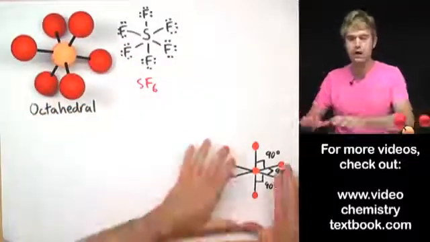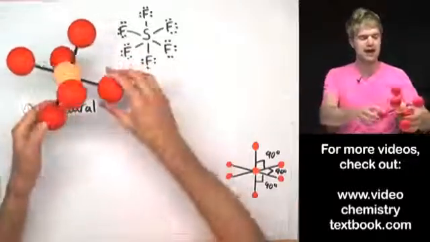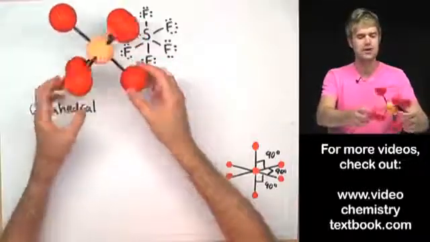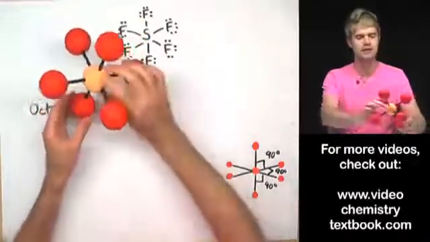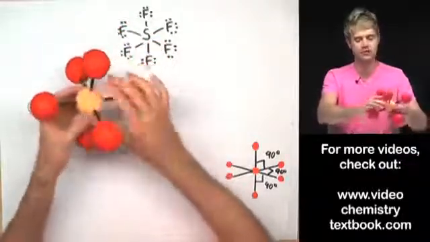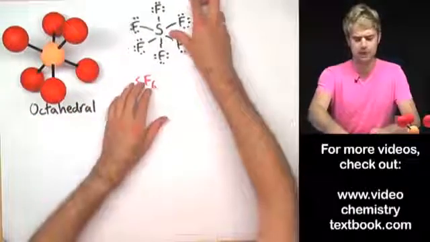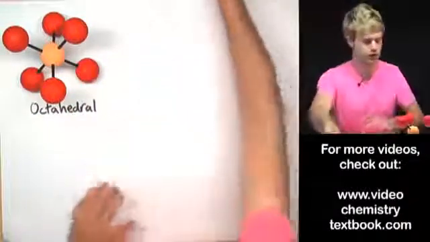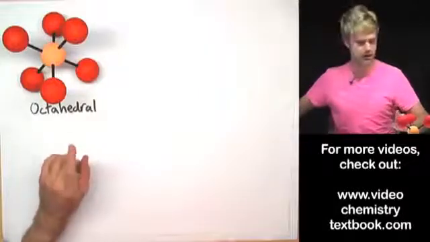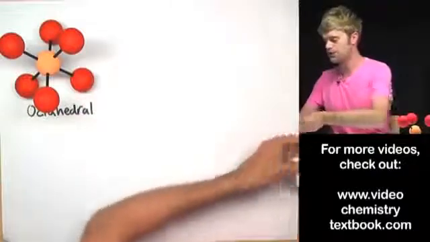So all the bonds have angles of 90 degrees, and octahedral is the way that you arrange 6 atoms around a central atom so that the bonds are all as far away from each other as they can be. All right. Now, we'll keep going and looking at the other VSEPR structures, but I'm going to keep this octahedral up here because all of the other structures are going to be based on the octahedral, so we want to keep it up here as a reference.